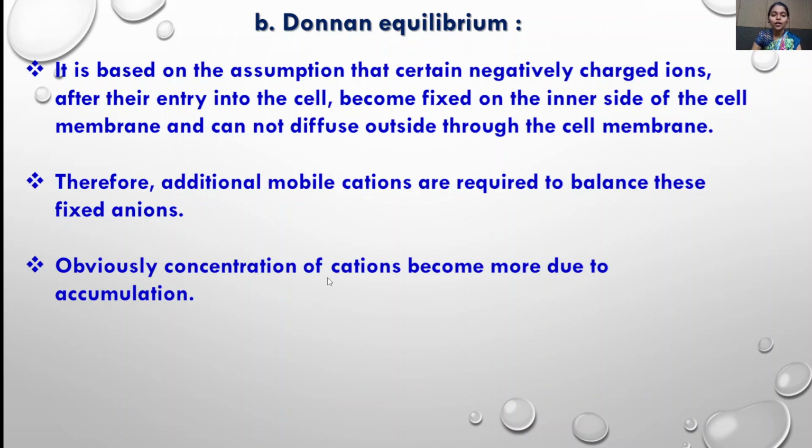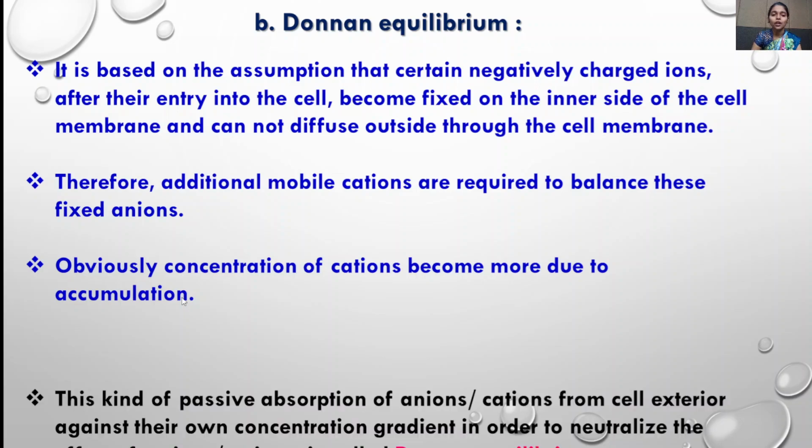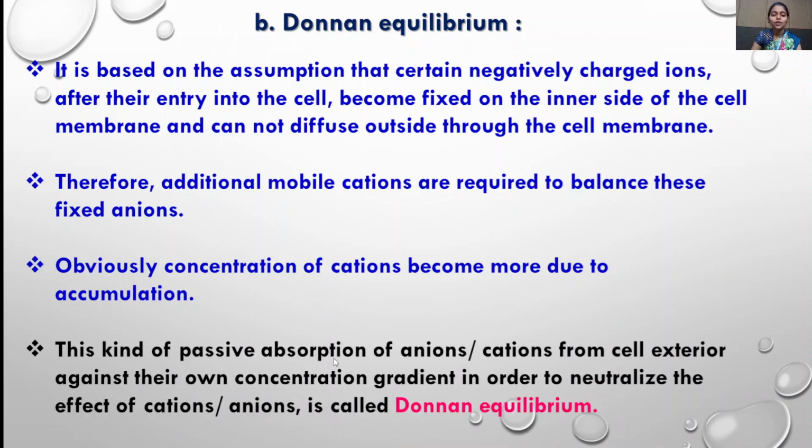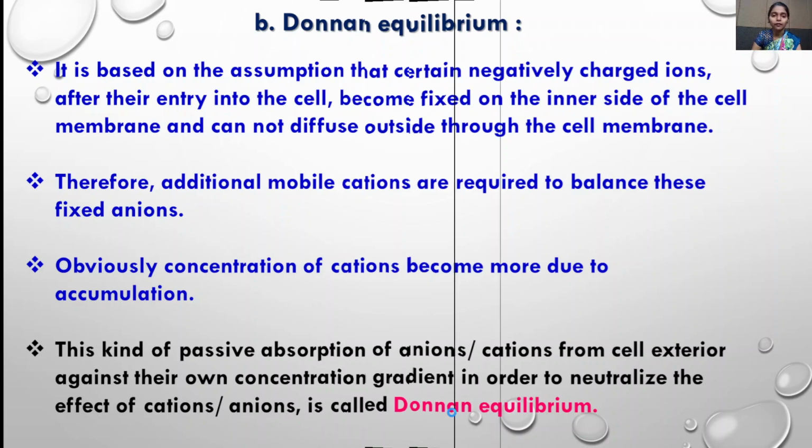Obviously, the concentration of cations becomes more due to accumulation. This kind of passive absorption of cations from the cell exterior against their own concentration gradients, in order to neutralize the effect of anions, is called Donnan equilibrium. Moves to the next slide.